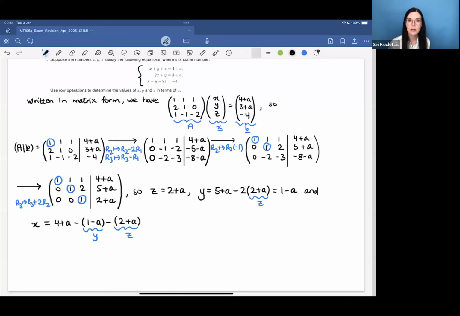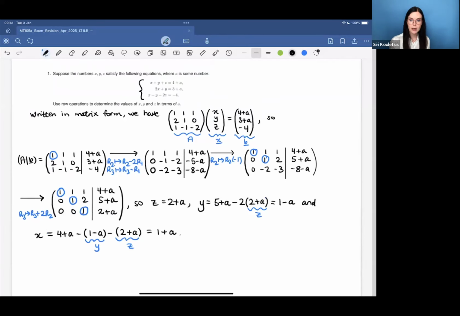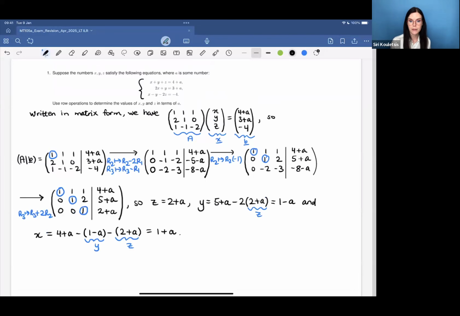And then we just need to perform the calculations. And we should get that this is 1 plus a. So that's our job done. We have found the values of x, y, and z that solves this system.